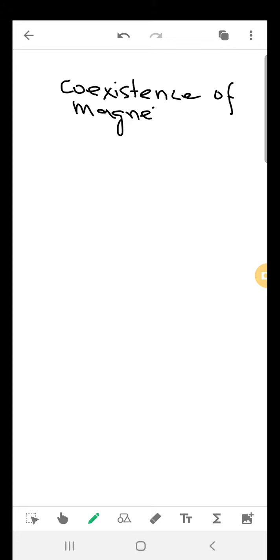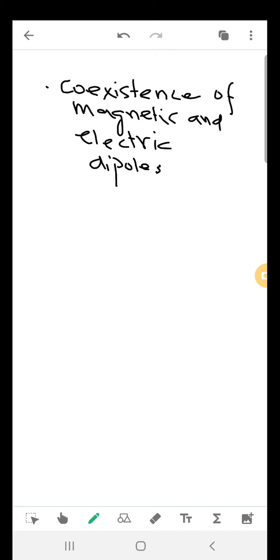Now the primary requirement for the observation of a magnetoelectric effect is the coexistence of magnetic and electric dipoles. This is the primary requirement.